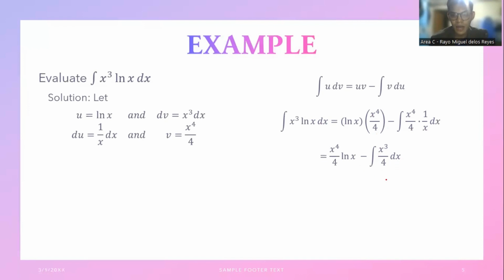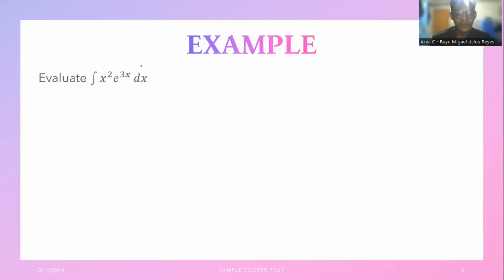And then since we know pwede natin sabihin na the integral of 1/4 times x cubed dx, ilalabas lang natin si 1/4 dito sa kabila. Kaya, ang magiging ano natin dyan is x raised to 4 over 4 ln of x minus 1/4 times the integral of x cubed dx. And then, kukunin natin integral yan. So, that is x raised to 4 over 4 ln of x minus 1/4 times x raised to 4 over 4 plus c.